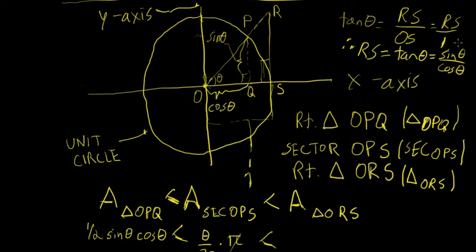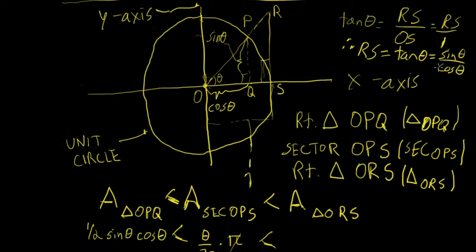But then if RS is sine theta over cosine theta, what's the area of triangle ORS? Well, we know OS is 1, and that's the base. RS is the height. It's sine theta over cosine theta. We multiply 1 by sine theta over cosine theta, then multiply that result by 1/2.